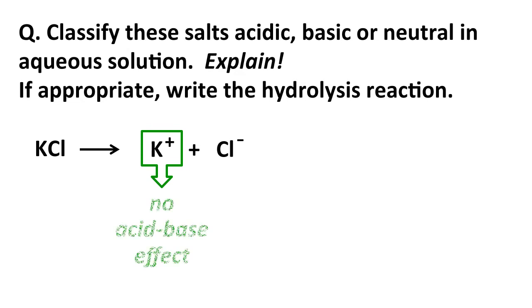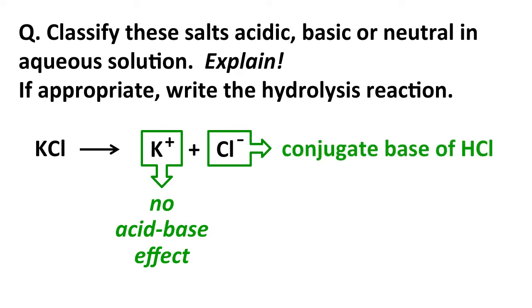And K plus has no acid-base effect. Positive ions typically, if they have a small charge, have no acid-base effect, and we'll talk a little more about that in a bit. Cl minus, like other negative ions, could possibly be a base, but Cl minus is the conjugate base of HCl.